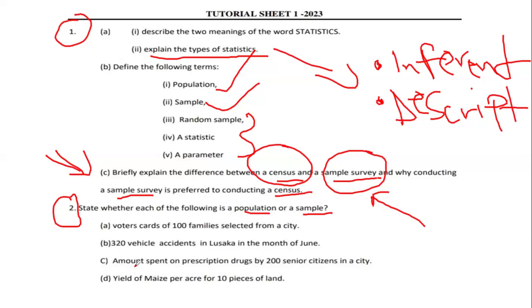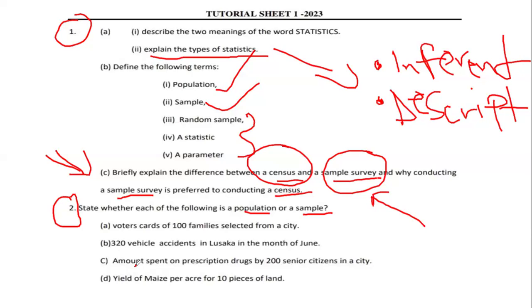Okay, why do you say it's a sample? Because they've said 200 senior citizens in a city, and they've estimated the amount.